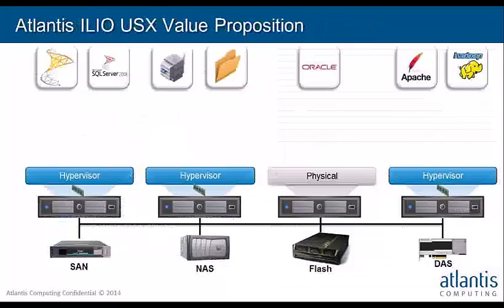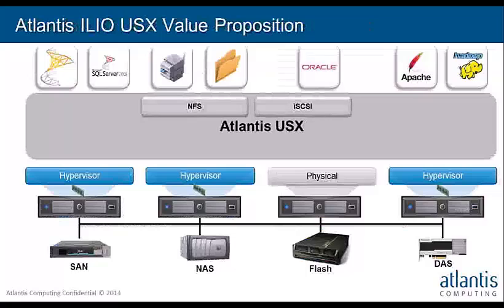If you look at the diagram I'm trying to show right now, USX essentially is a layer that sits on the hypervisor and exposes volumes that are generated from the underlying storage to the upper layer application VMs via NFS and iSCSI.